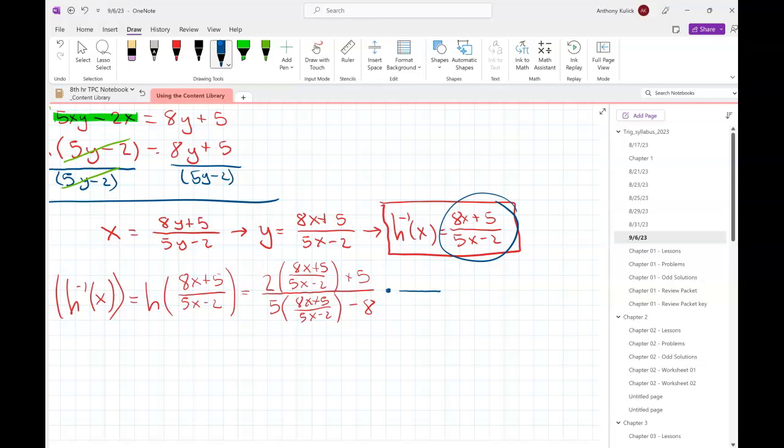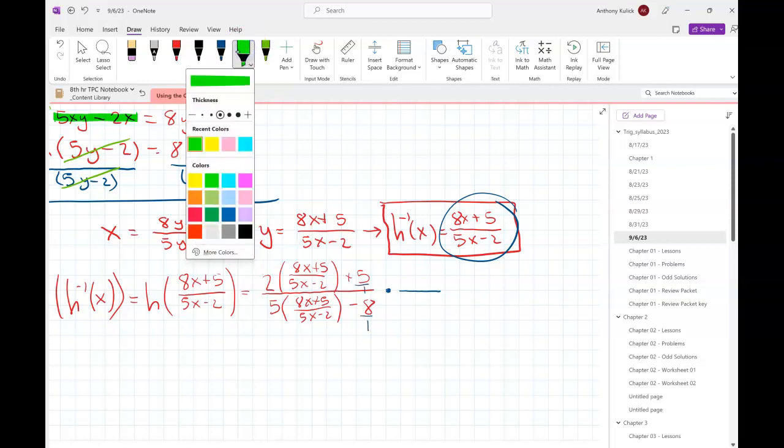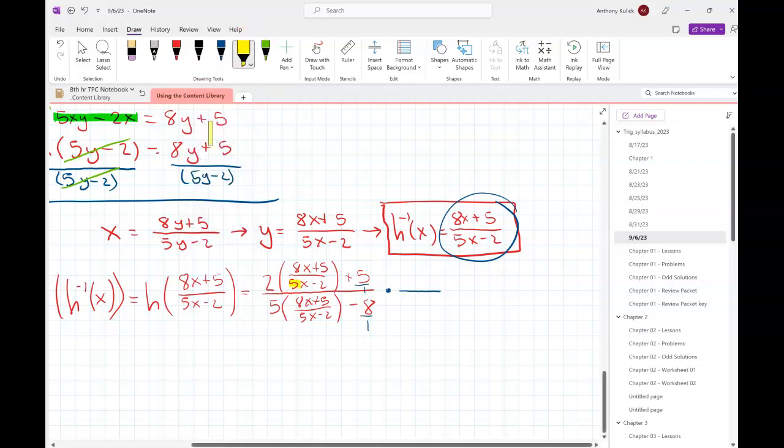What we want to do is look at all the denominators in our problem. So the denominators I see are 5x minus 2, a 1, a 5x minus 2, and another 1. And what I want to find is the least common multiple of all of those denominators.